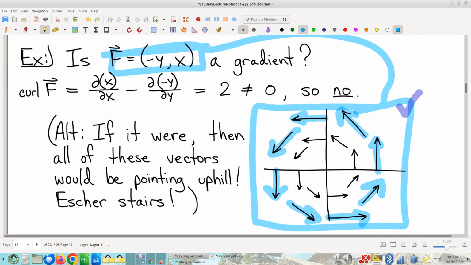So I'm glad that we did the algebra, but now we have conclusive, incontrovertible evidence that this is not a gradient. But let's face it, that's the answer that we kind of knew had to happen. Said differently, another equivalent condition of path independence, remember, is that all circulations are zero.